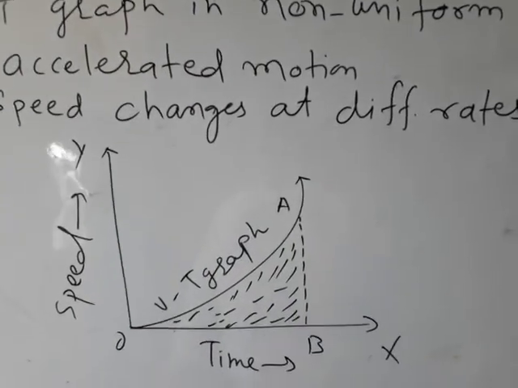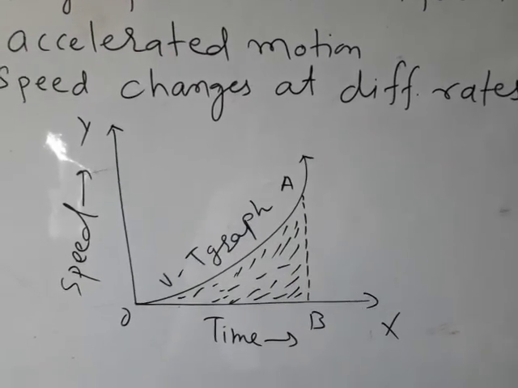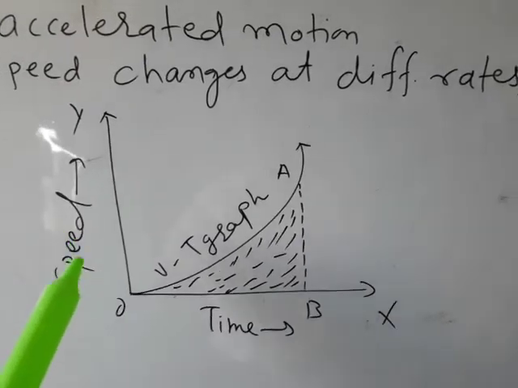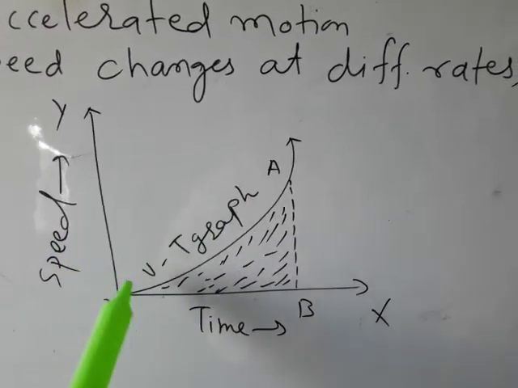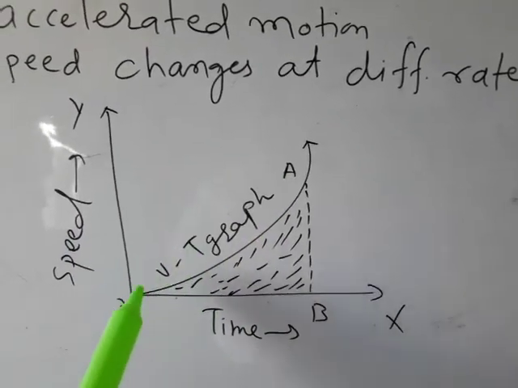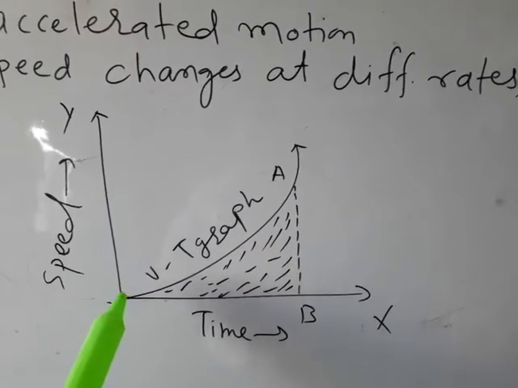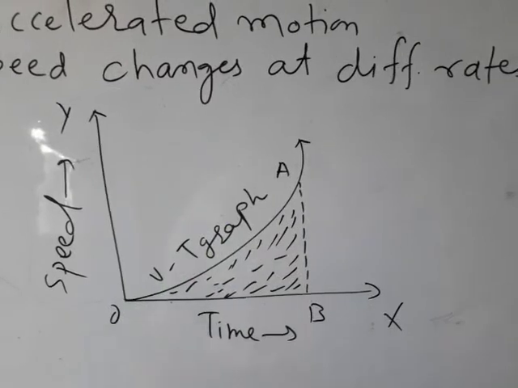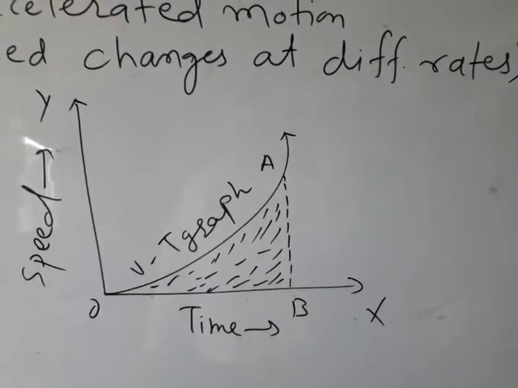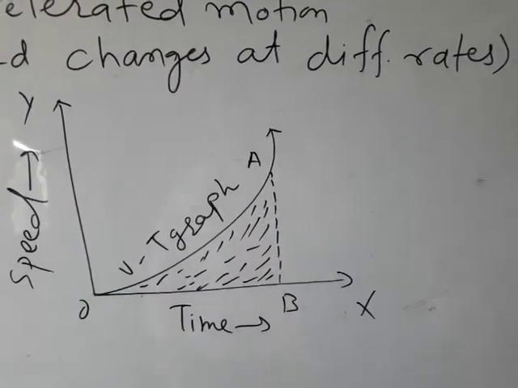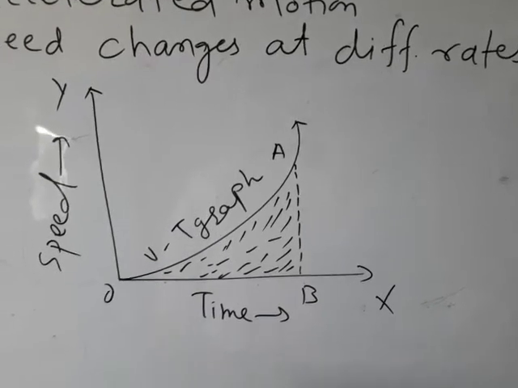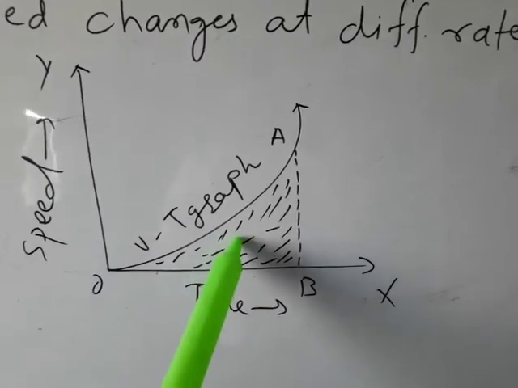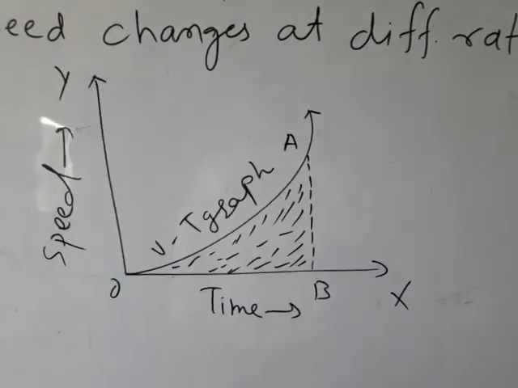The v-t graph in such a case will be a parabola or a curve starting from the origin and going obliquely upward. In this case also, the distance covered by the body is the area enclosed by the v-t graph.